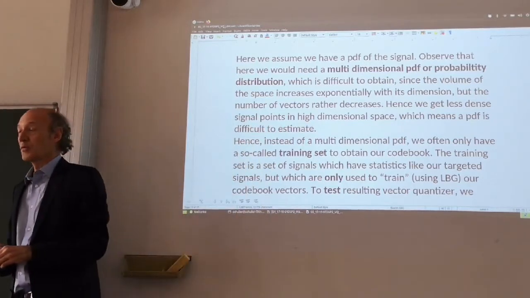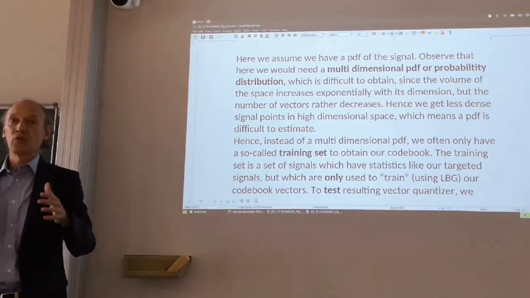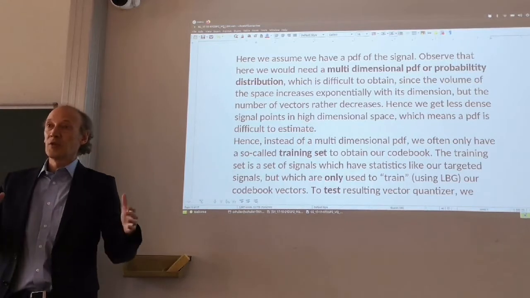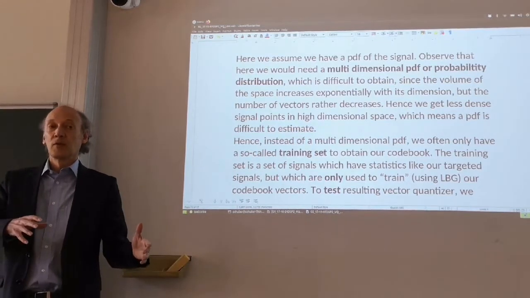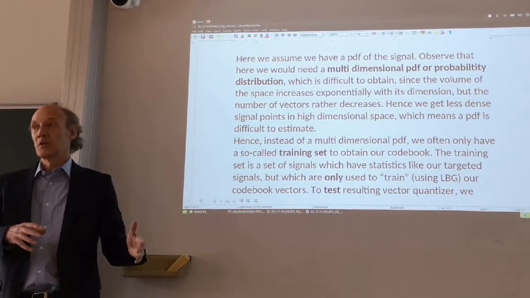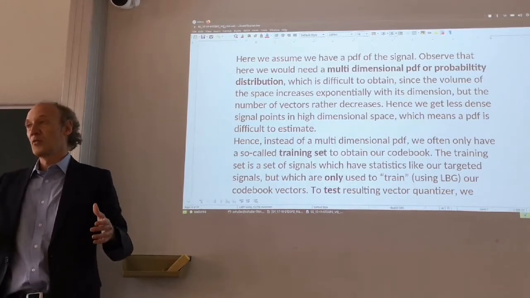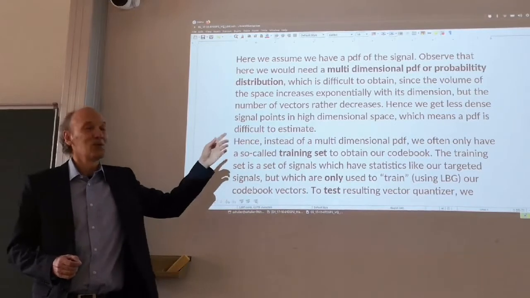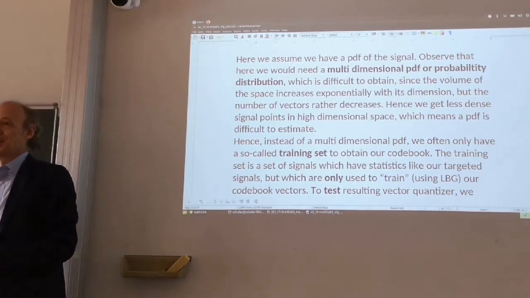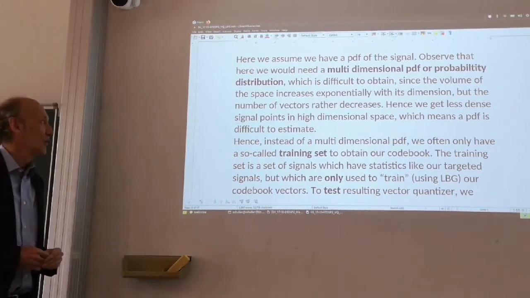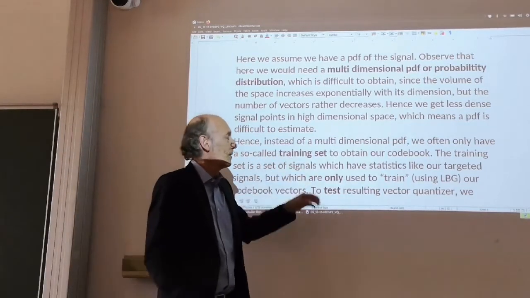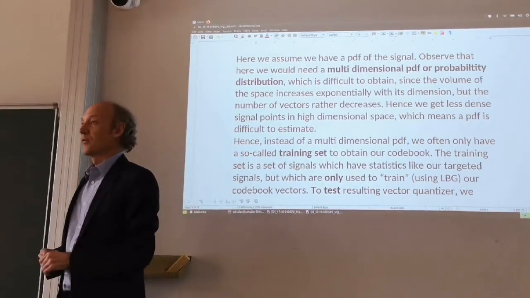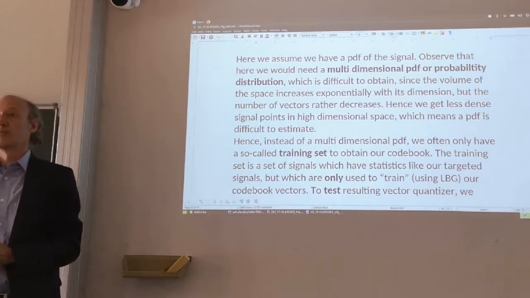Right? In neural networks, you have the same approach. You have a training set where you have signals where you want to, for instance, recognize something or classify somehow, and then you have a target set, which is the desired outcome. So here we don't have a target. Right? No target set. All we have is a training set, and the output here is our code book.